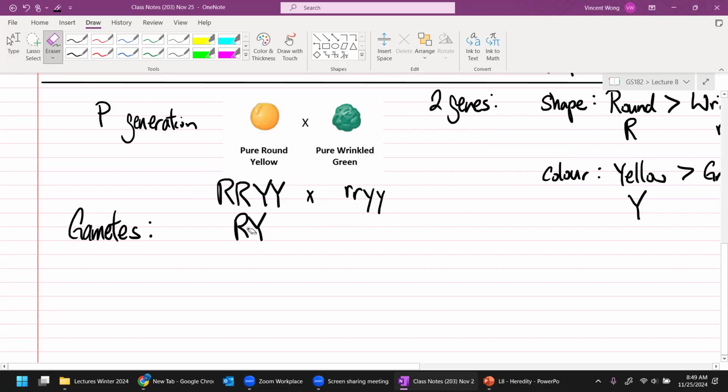No, just big R, big Y, right? That's all I can produce. There's no small r, there's no small y. This is it. I'm going to put a bar to separate the two parents. How about this one? What kind of gamete? Small r and small y, right? That's the only thing it can produce.